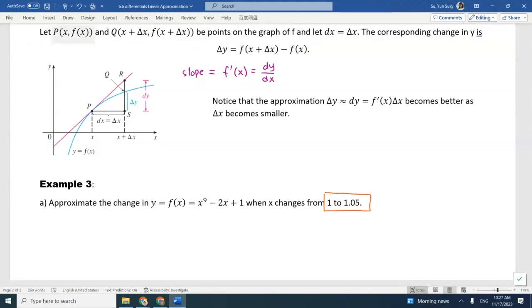So this is the range of x. And let's find a good number. What is a good number inside this range? What number do you pick? 1, right? Usually you pick an integer. So in here, the integer is 1. So 1 is a good number.